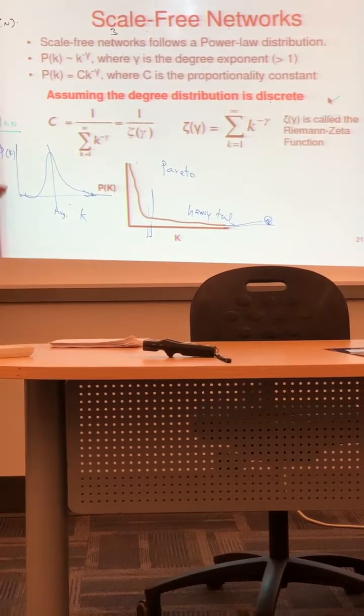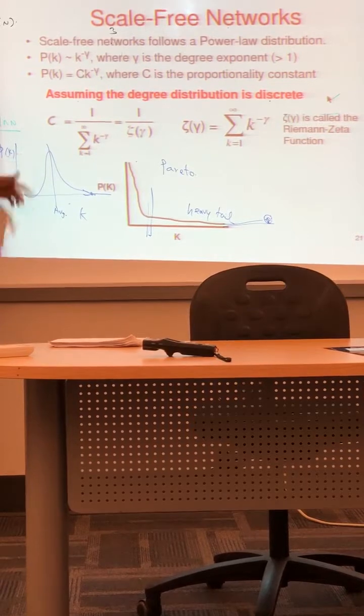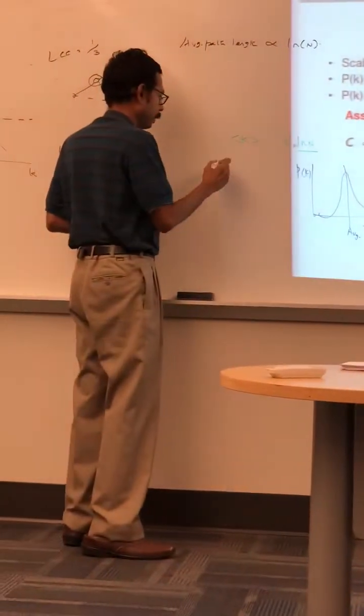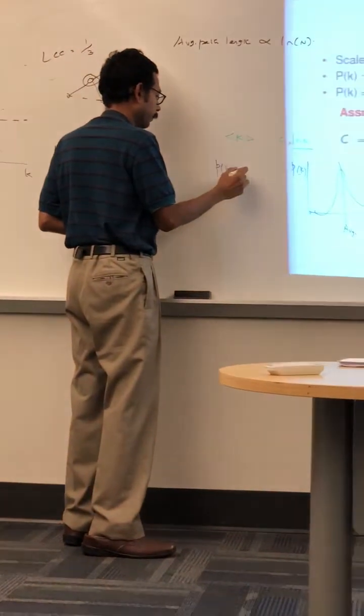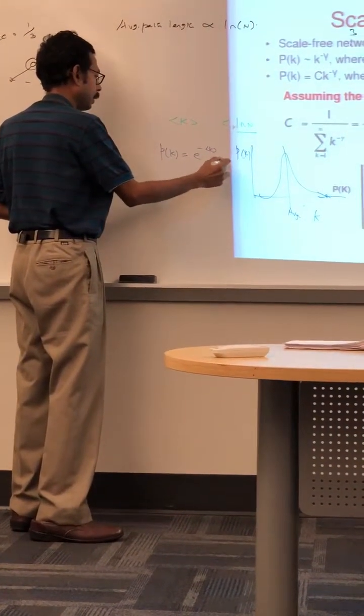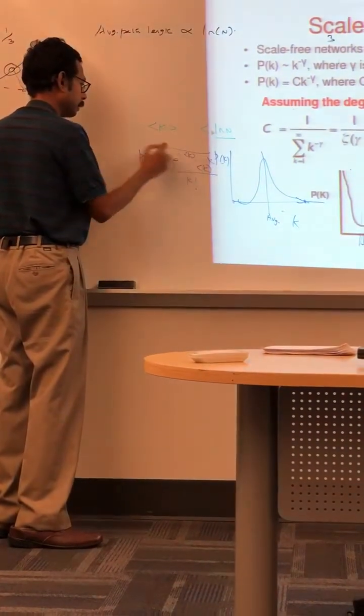Now we saw an equation or a model that can be used to fit the Poisson distribution. What was that? Remember? P of k equals e to the power minus average degree, raised to k, divided by k factorial.